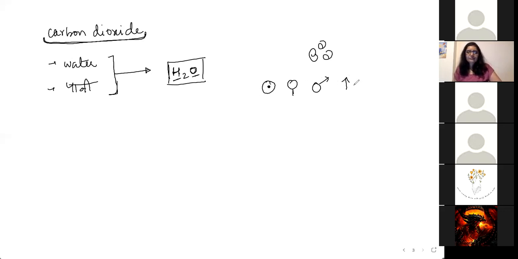They had their own symbols until more and more elements kept being discovered, and they said no, we can't create shapes. It's difficult to remember all of these shapes. So we needed to keep it logical, which is why people started using alphabets. So that's the story of different symbols.